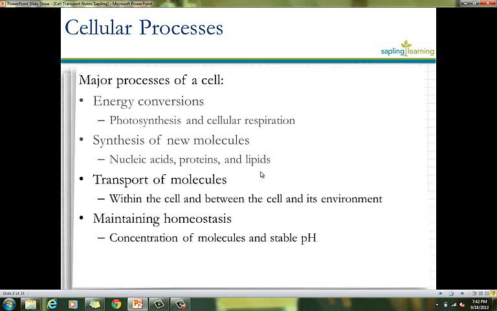So this is the transport of molecules within and between the cell and its environment, and also maintaining homeostasis, which is the concentration of molecules in a stable pH. Appropriate concentrations of needed molecules and the stable pH contribute to the cell's ability to maintain a stable internal condition, even in a cell's changing environment. So that's very important.